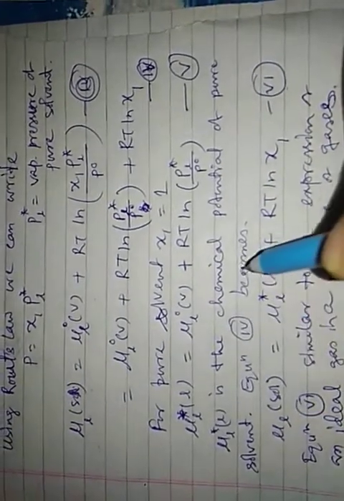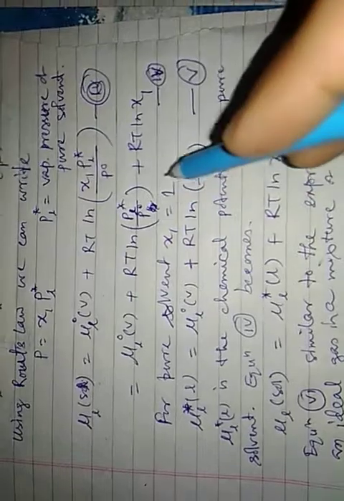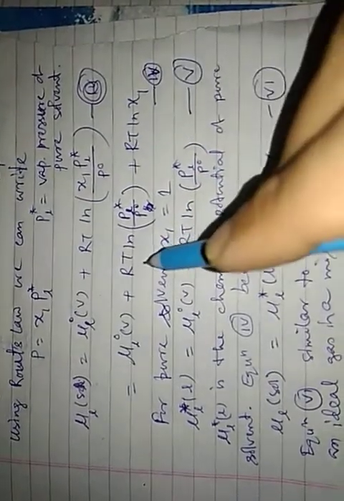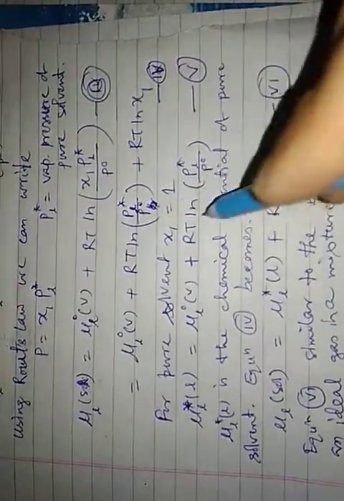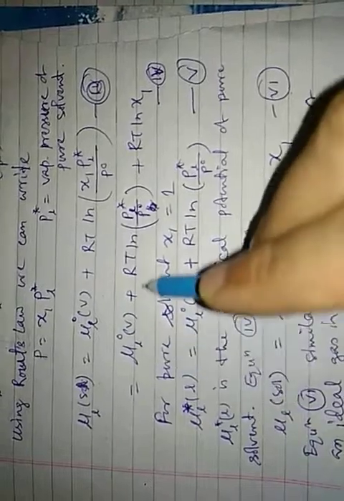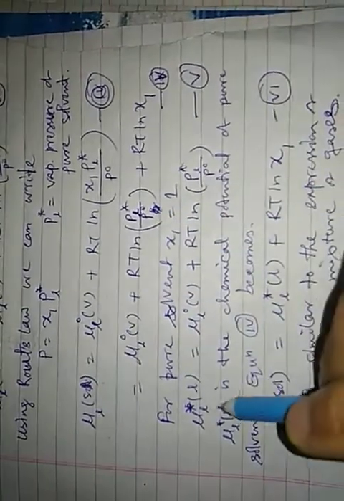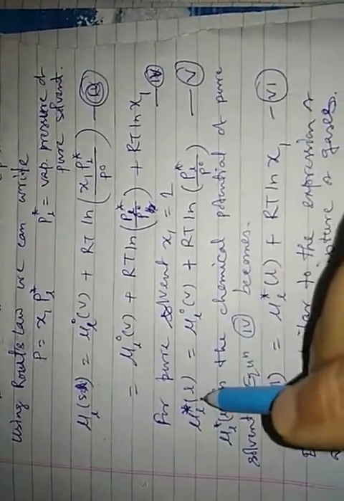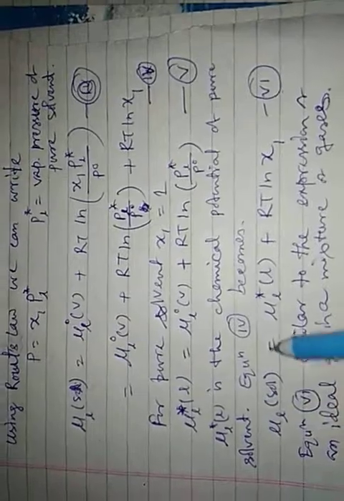Now equation 4 becomes, if I put these two terms as mu L star, the chemical potential of pure solvent, the chemical potential of the solvent in the solution equal to the chemical potential of pure solvent plus RT ln x1.